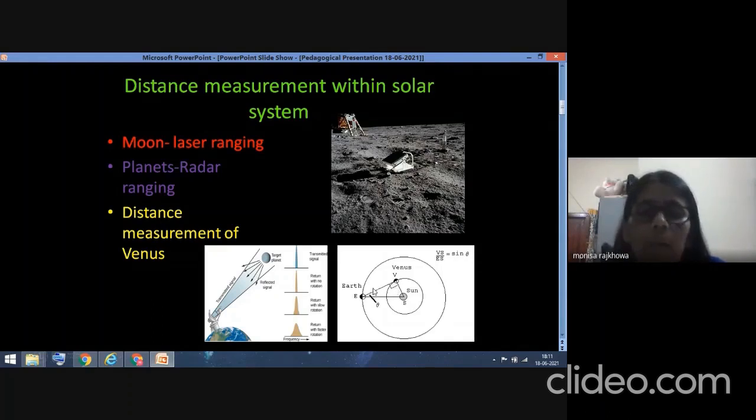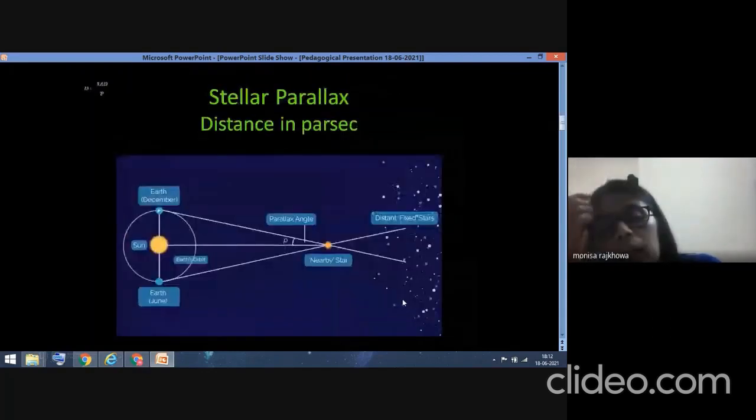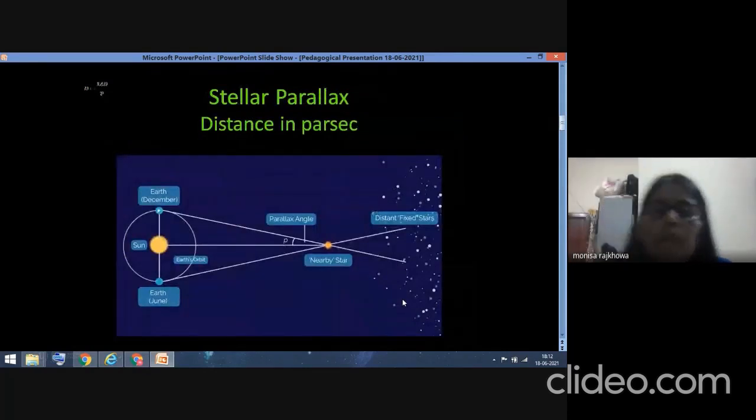That radar technique also gives us confirmation regarding the astronomical unit, that is the distance between the sun and Earth. And that accurate measurement of the astronomical unit leads us to the next rung of our ladder, that is the stellar parallax measurement, where the distance is obtained in terms of parsec.